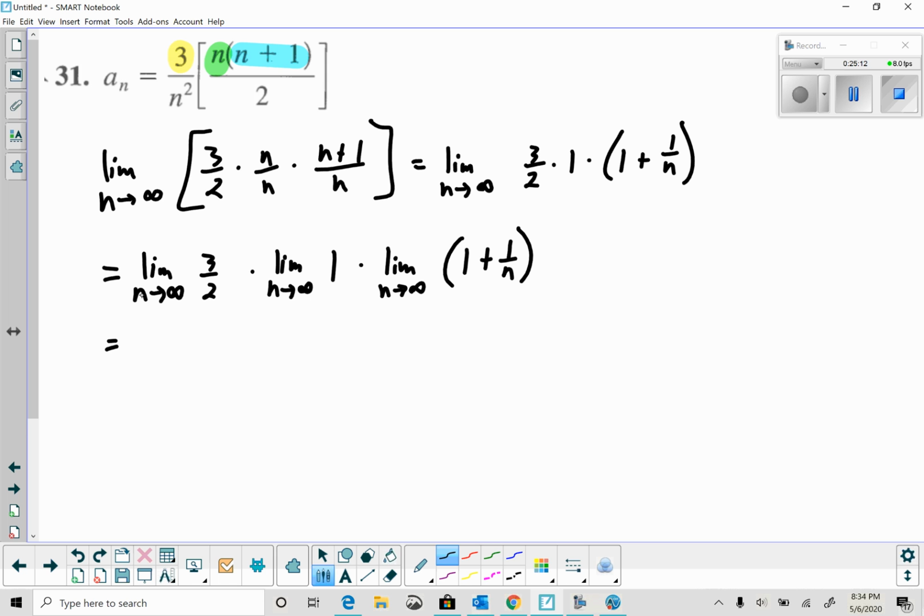If I take those individually, this is a constant. It doesn't matter what n is approaching. That remains a constant, 3/2. This remains a constant, 1. And as we remember, with 1 over n, now we do have a variable. As n approaches infinity, this thing becomes a 0. That becomes a 1. 3/2 times 1 times 1. Grab your calculator.